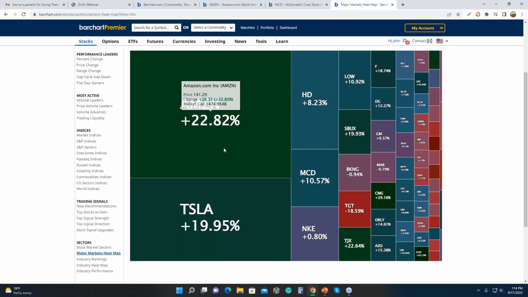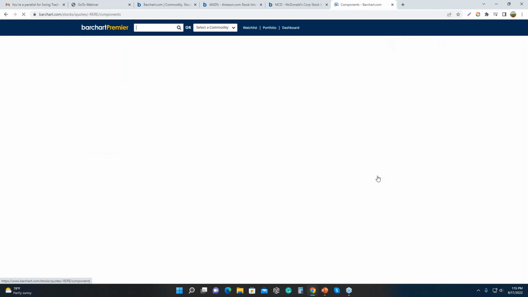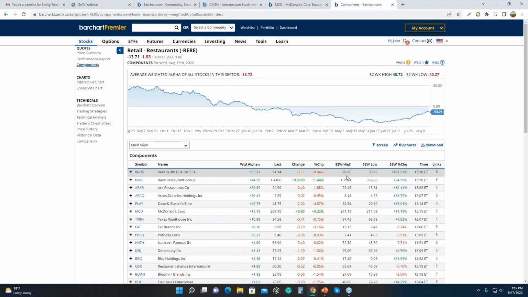Now, again, if you wanted to get even more granular, let's say we've determined that consumer discretionary type stocks are leading the market sector. What I could do is go to, for instance, the industrial heat map. Here I'm on 1 month. I could look for those very finite consumer discretionaries, for instance, restaurants. That would definitely be a consumer discretionary industry.